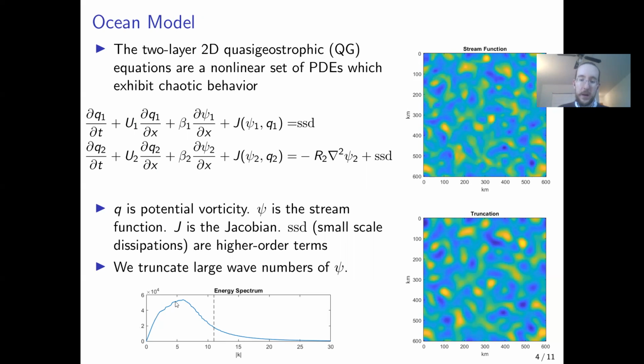When we do that and reconstruct the stream function, we see that it looks like a fairly decent approximation. If you're only concerned with mesoscale eddies, for example, even this rough approximation does a fairly good job of representing the function, while at the same time it has a lot fewer degrees of freedom, which means it's easier to forecast forward.